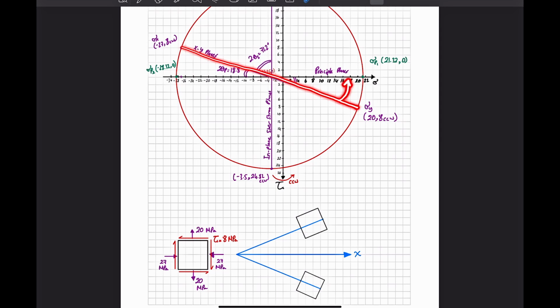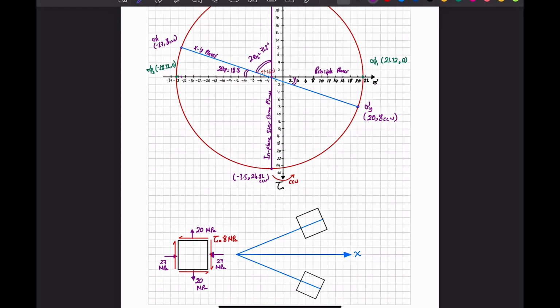If you see here, that's counterclockwise by a value of 18.8. So in this diagram, this is the x, and the x is here. This is the xy plane. So I want to rotate, this is the x point, right? So this is the x plane. I want to rotate this x by 18.8 to the sigma p2.